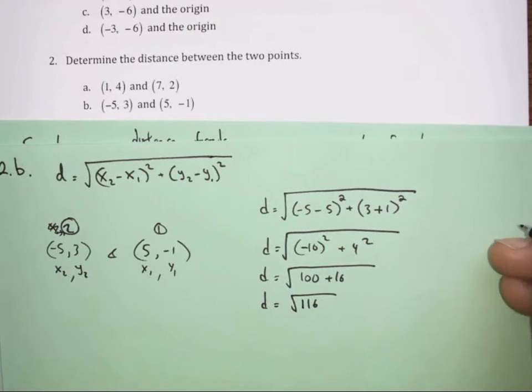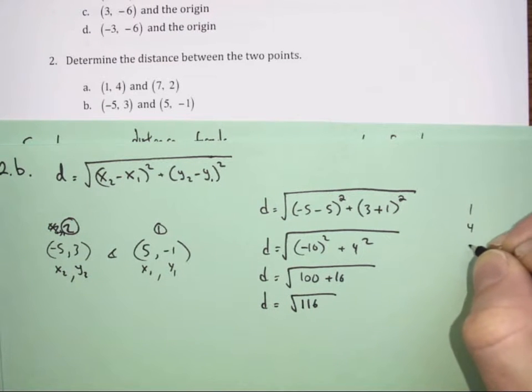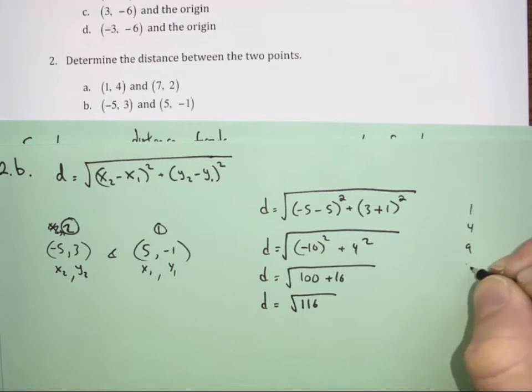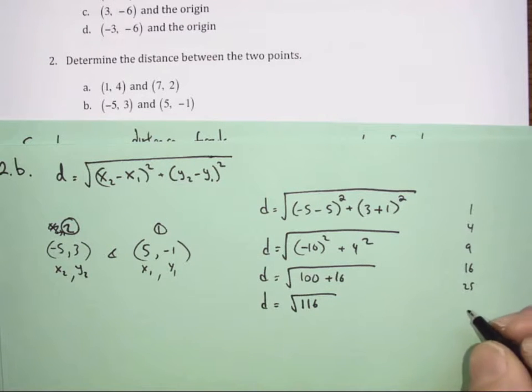So again, I might take a second to wonder, can any of my perfect squares go into 116? 6 times 6 is 36, 7 times 7 is 49, 8 times 8 is 64, and it doesn't look like more than 4 can go into this. Alright, so 64 is out because 2 times 64 is 128.